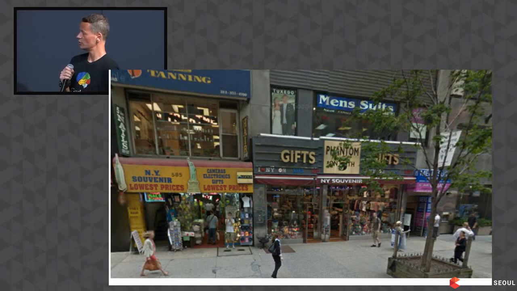If you are in New York and you have a picture of this, if you have a good system, you can now find, for example, men's suits up here, or gifts down here, or a souvenir store, or there's a lot of things that you can understand from this picture. You can understand that there's a tree here, and if you want to put all this stuff on the map, it might be useful to people.